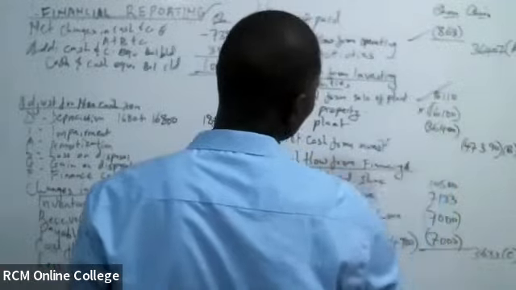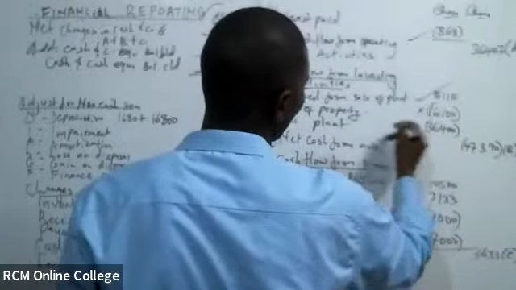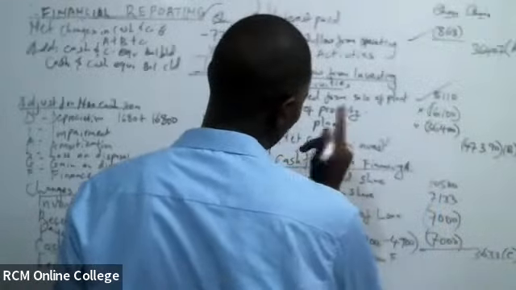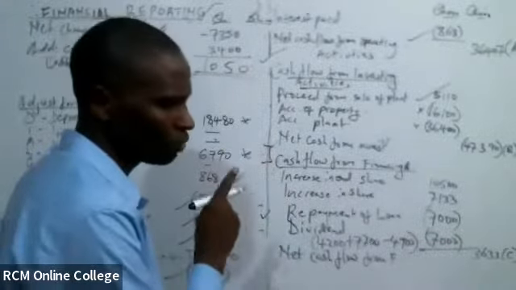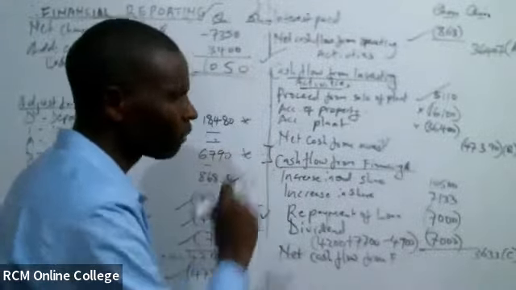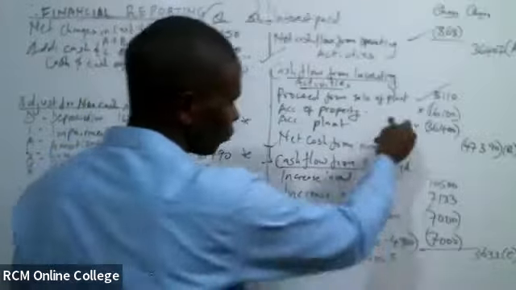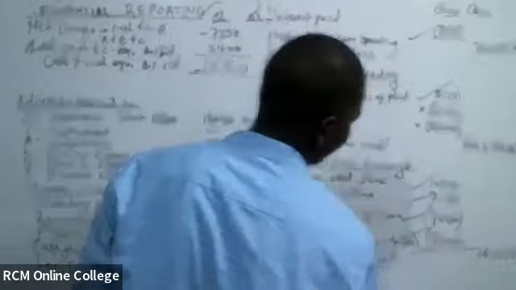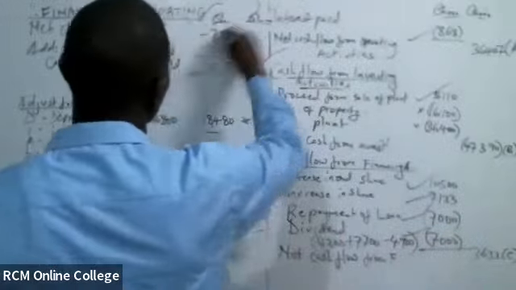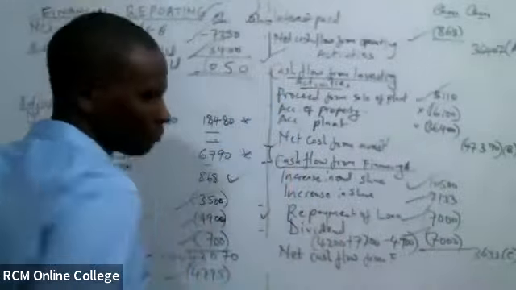Hapa some students struggle kidogo. I don't know why. Hapo kwa kupata kufungua T account, lakini nyinyi you will not struggle because I've shown you how you open those accounts vizuri. Hapa direct. Then ikuje hapa 1 2. Hapa unapata tu hizo marks mbili hapo.